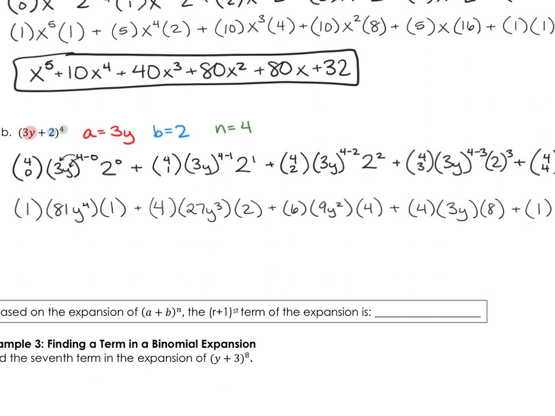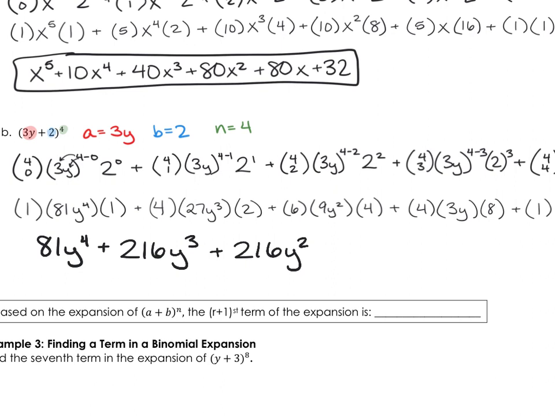So this first thing, 81 times 1 times 1 is 81y to the 4th power. 4 times 27 times 2 is 216, so 216y cubed. 6 times 9 times 4, also 216y squared. That's not always going to happen where there's a double number.